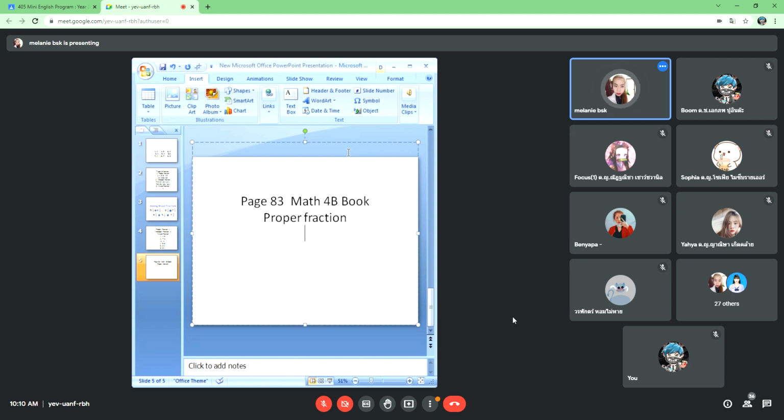Okay, proper fractions. We have the proper fraction 1/3. That is a proper fraction. And then next, 5/6. What next, children? 7/8. Great job. Are you understanding? 5/8.